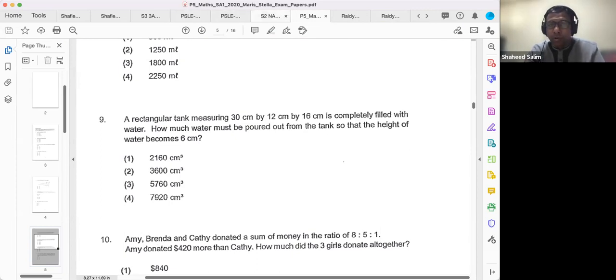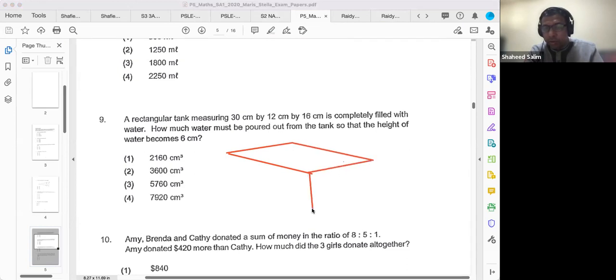Okay, I draw for you. But if you can draw on this paper, you print out the paper, right? So you can draw, then I can see your thinking.